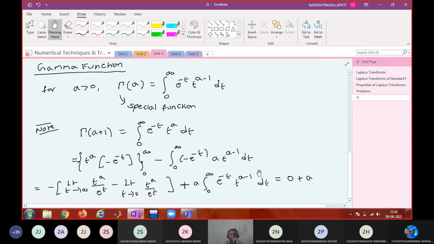What is this integral? This integral is nothing but gamma of a, the integral from 0 to infinity of e power minus t, t power a minus 1. Am I right? So can I write it as gamma of a?